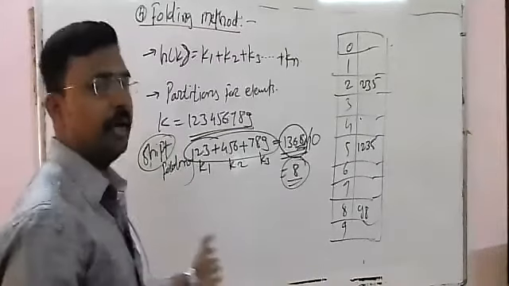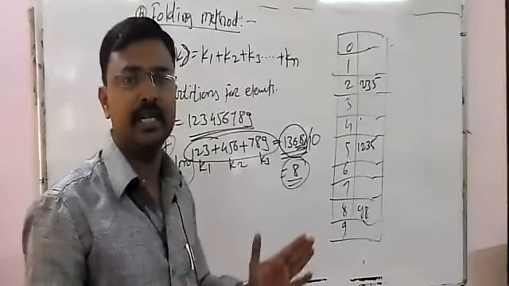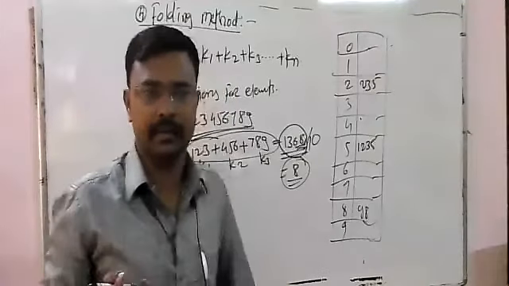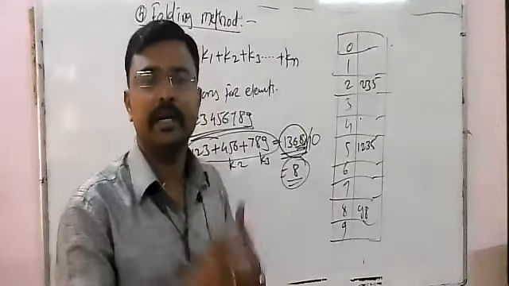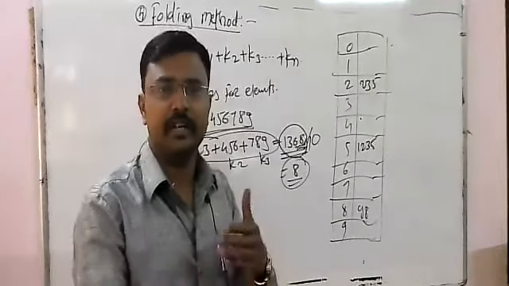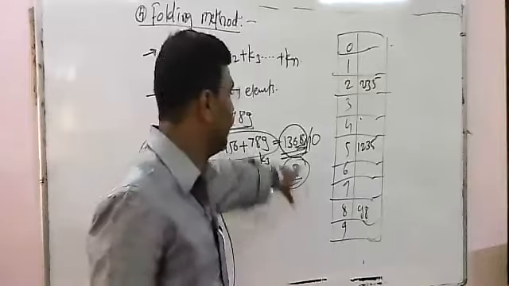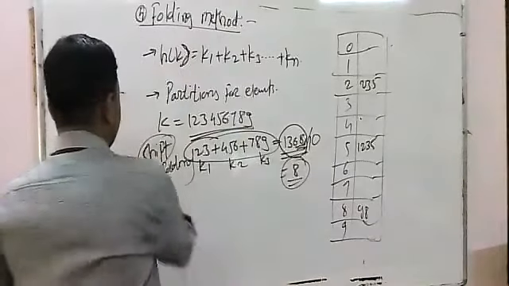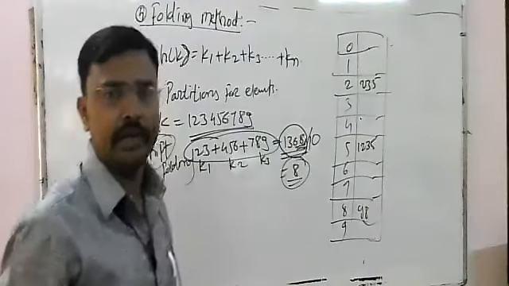Here we have divided your whole key into three parts, or any number of parts, whatever may be there, and we have just added them. Then we apply a technique, mid square, truncation, or modulo division, to find the final key value. This is your shift folding.